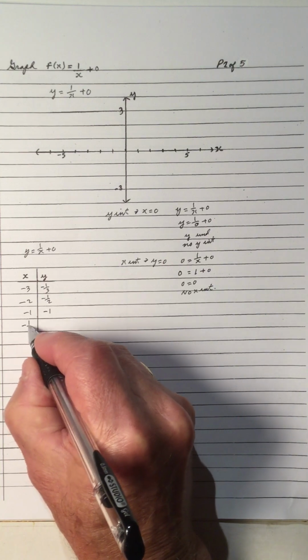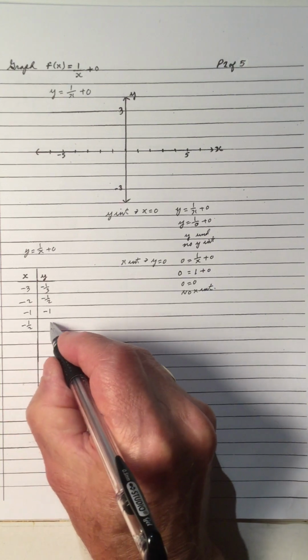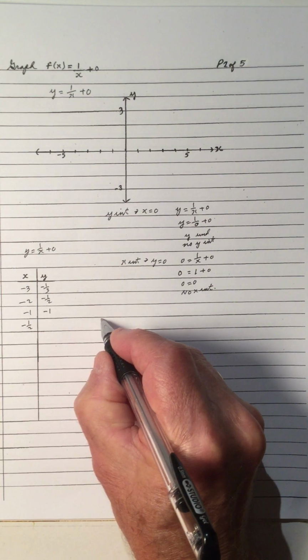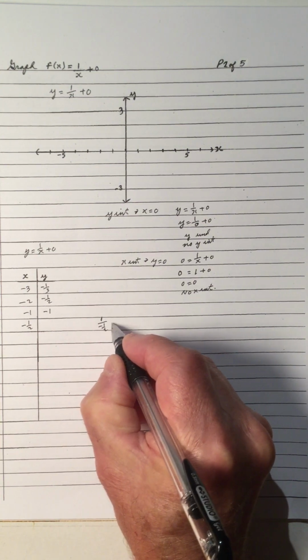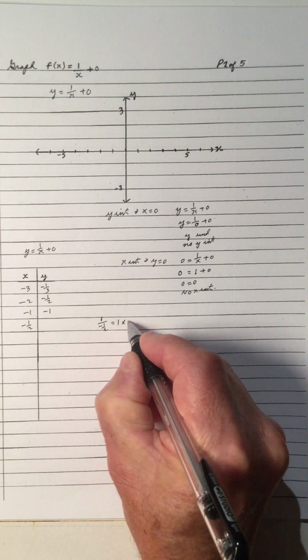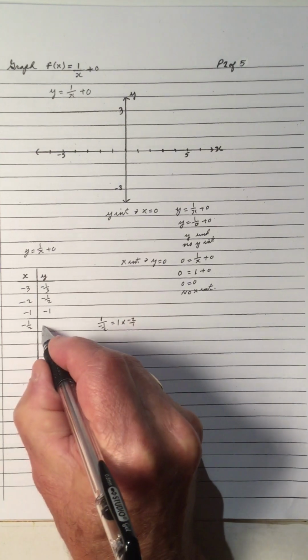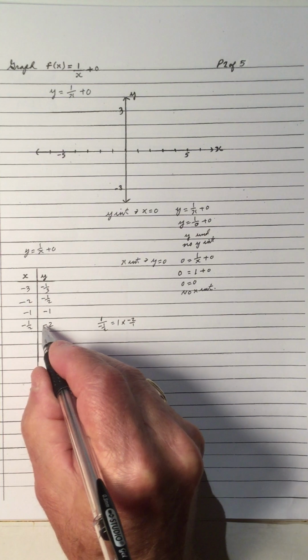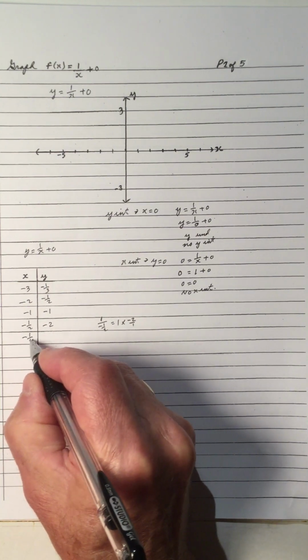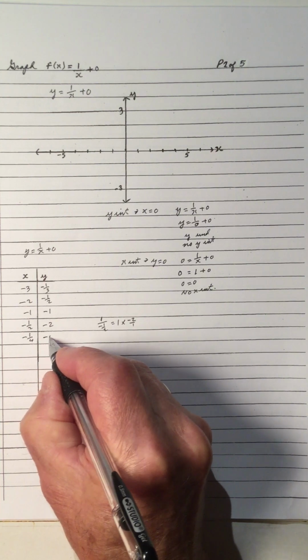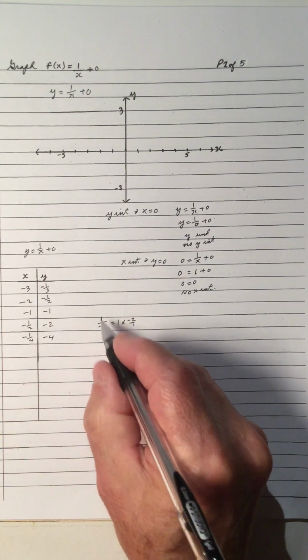And we have negative 1/2: 1 over negative 1/2 is 1 times negative 2 over 1, which is negative 2. Again, you can see that we're looking at the reciprocal. Negative 1/4, the reciprocal of that is negative 4.